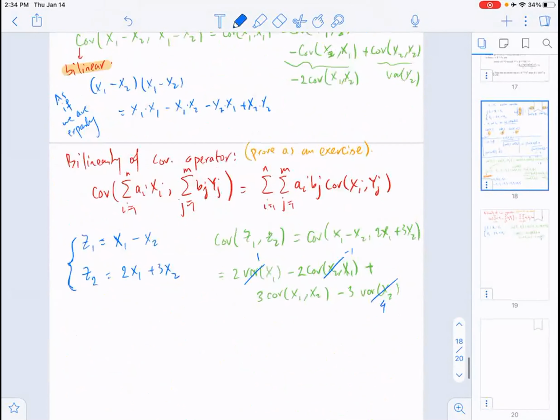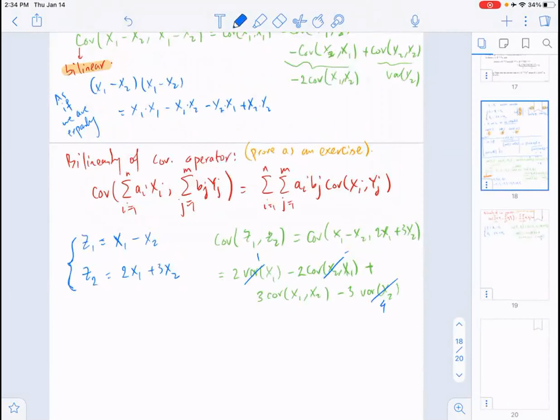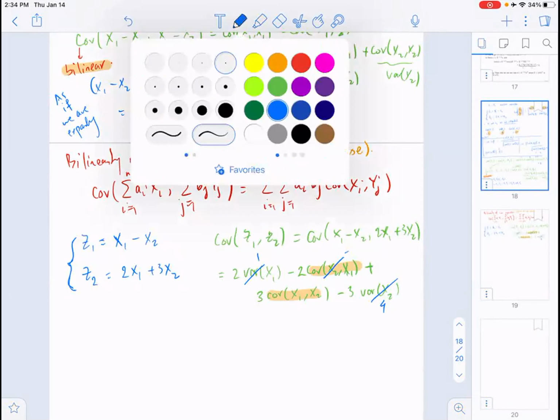So the sum of the two is like, so I can also combine these two, right? These two are the same. So I can get 1 times the covariance of the pairwise covariances. Maybe I should write that separately.